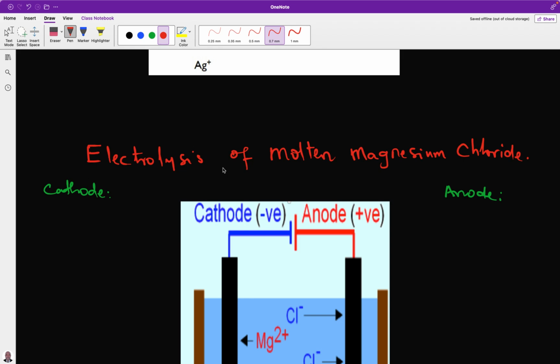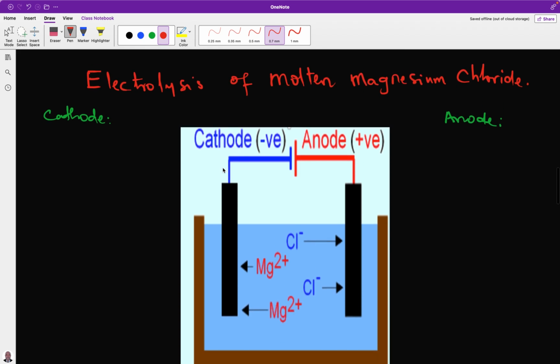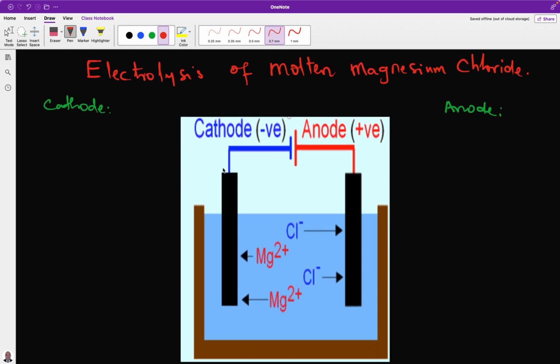Therefore, if no water is involved, what happens? There are two ions there. We have the magnesium ion, which are the cations, and the chloride ion, which are the anions. As we said, the cations will go to the negatively charged electrode, which is the cathode.